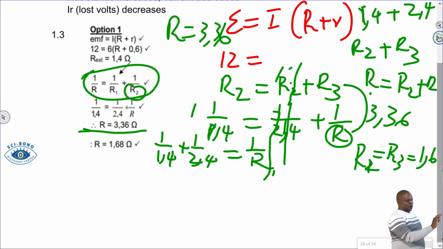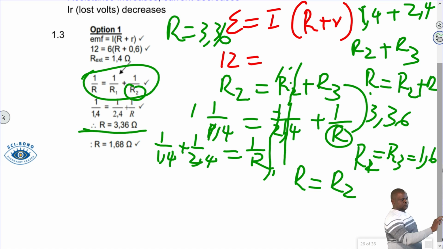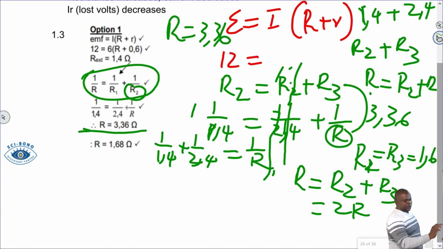Okay. We say now R is equals to R2 plus R3. We know that R1 and R2 and R3, they are the same again. They are equal. Then this gives us what? 2R. We can say Rx, okay? Then is equals to R. Then we know that this is 2 again.